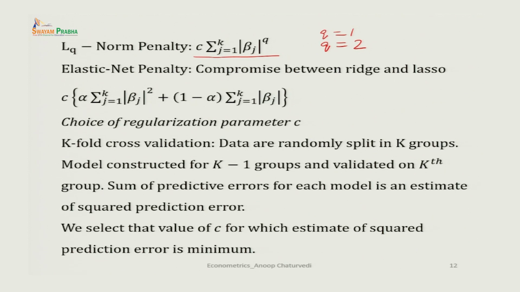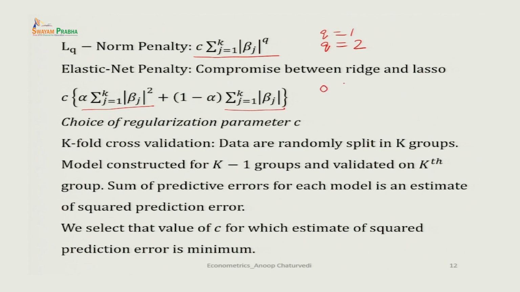Or one can go for the elastic net penalty. This is actually a compromise between ridge and lasso. So, the penalty term is like this: C times alpha into summation j equal to 1 to k of beta j square plus 1 minus alpha into summation of mod beta j. So, here you have the ridge penalty and the lasso penalty.